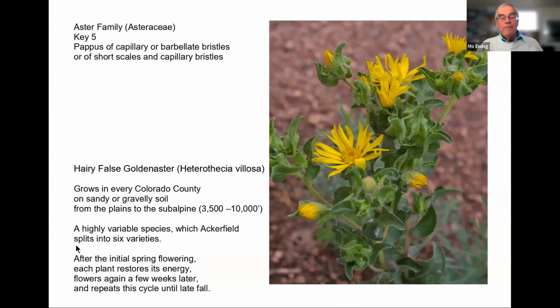This is a really variable species. Weber and Whitman say that this is just one species, a highly variable species. But Ackerfield says this is too highly variable, and so she splits it into 6 varieties.